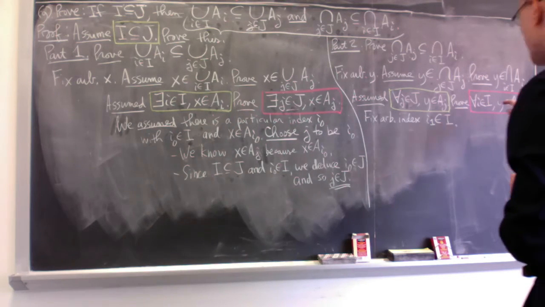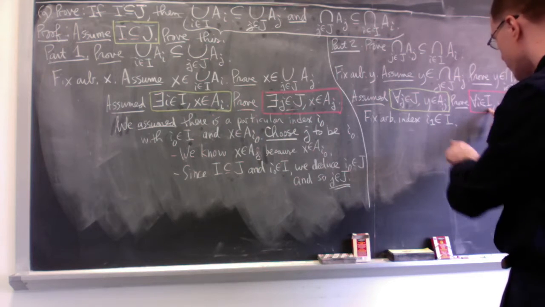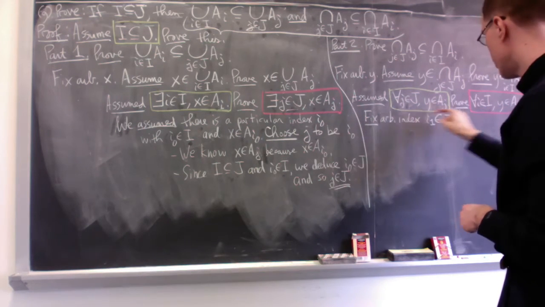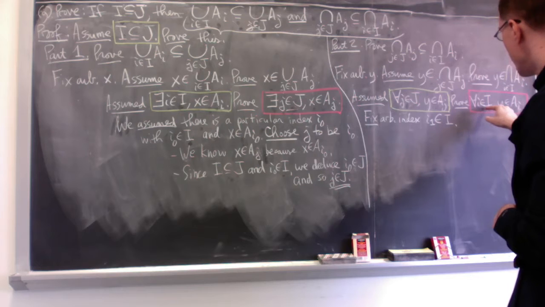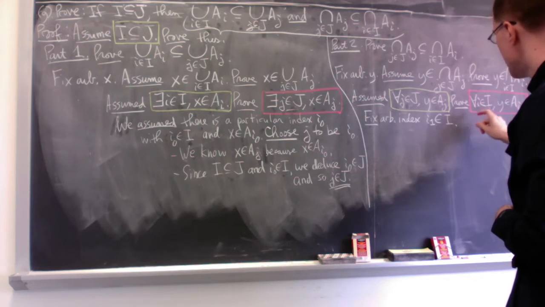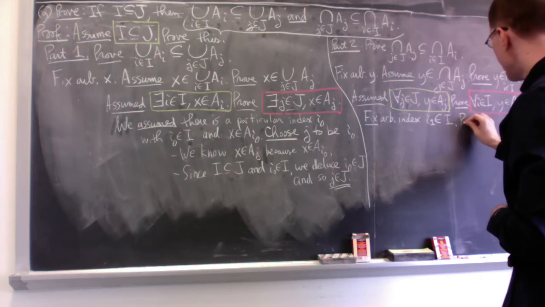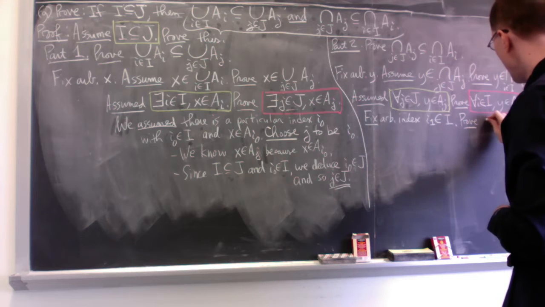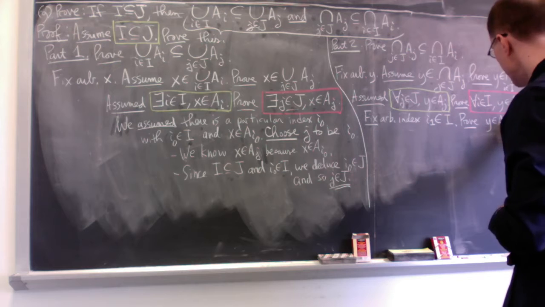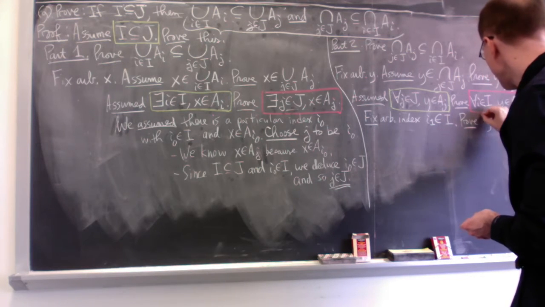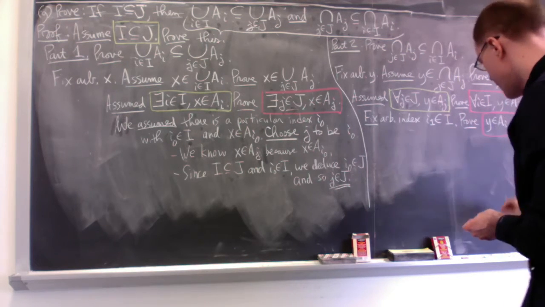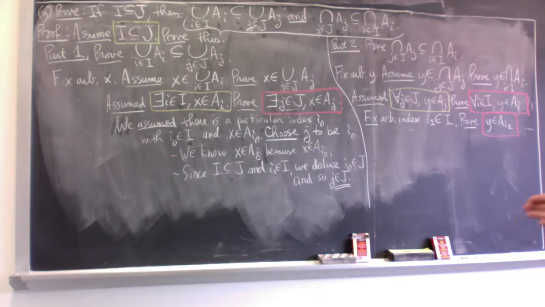Fix an arbitrary index coming from capital I. That's part of the assumption; when you're fixing, you're allowed to do that here in this proof of the universal statement. And the new goal is that y should be a member of A sub I1. That's an easier goal. We've gotten rid of one of the symbols.